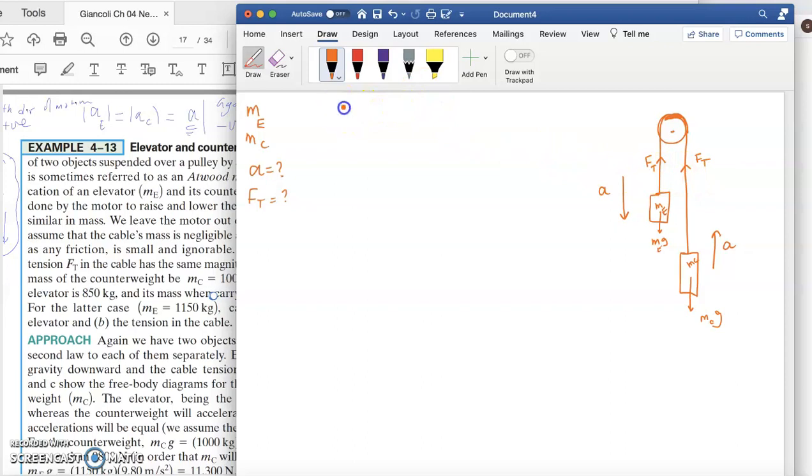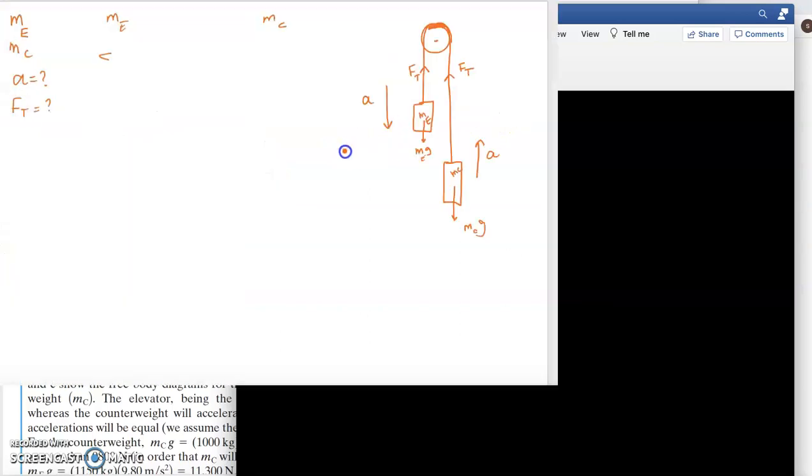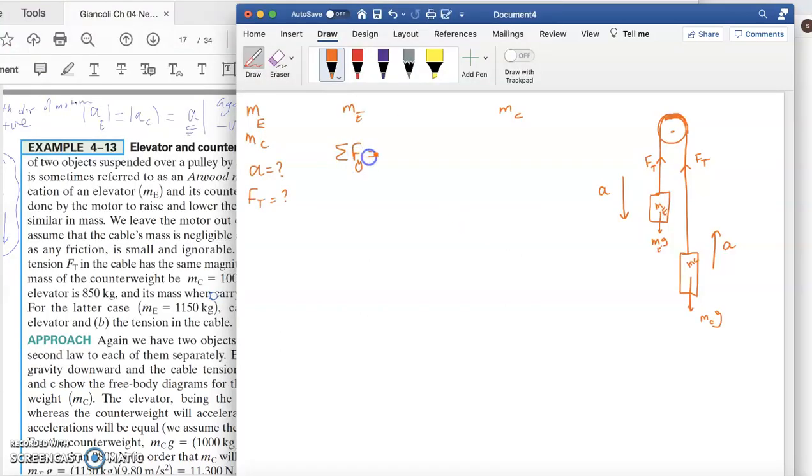But we have two objects, ME and MC. So we have to write the equation of motion in the y direction for both objects, for object E and for object C. And the acceleration is the same. I am not going to distinguish the acceleration of object E and object C, because A of E is equal to A of C in value, but of course the direction is different.